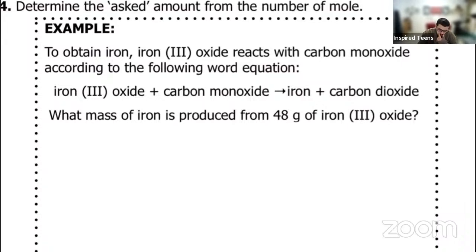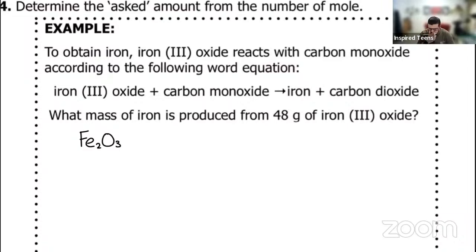So iron 3 oxide, iron 3 is Fe3+. Oxide is O2-. So the compound that they form is actually going to be Fe2O3. This is forming chemical bonds. I think we did this maybe in the start. I'm not sure if we did it with you guys or with grade 10s or something. But yes, iron 3 oxide.